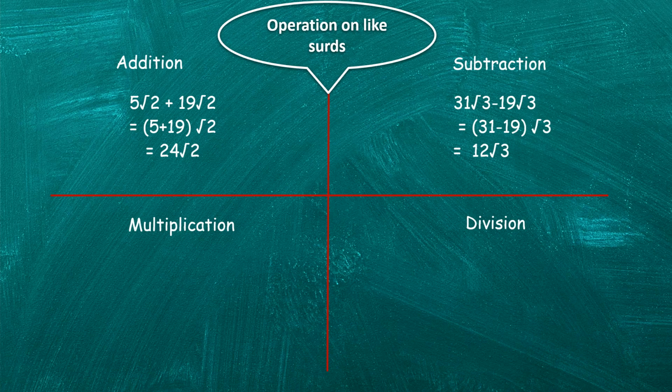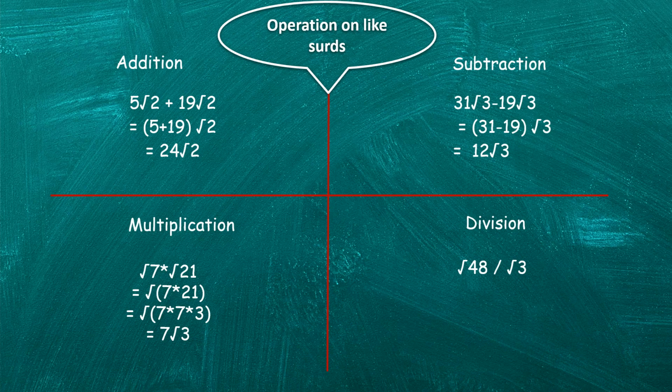Now in case of multiplication and division, we'll see here root 7 into root 21. We'll take it under one root and you will get the answer as 7 root 3, which is irrational. But we cannot say, in some multiplication on like surds you might get a rational number.